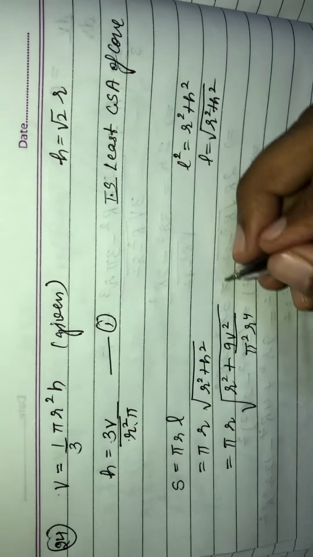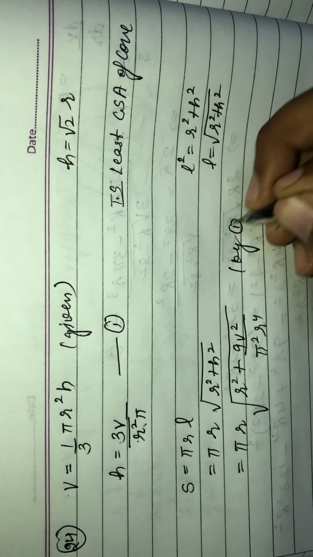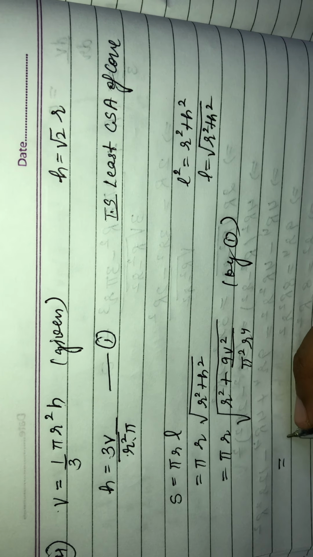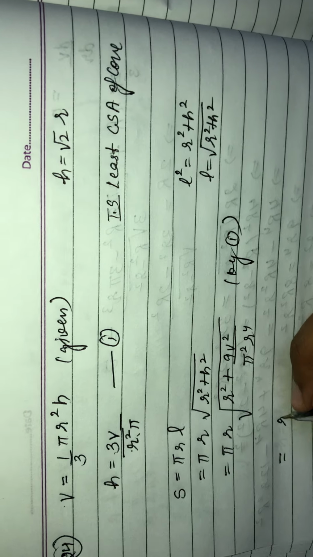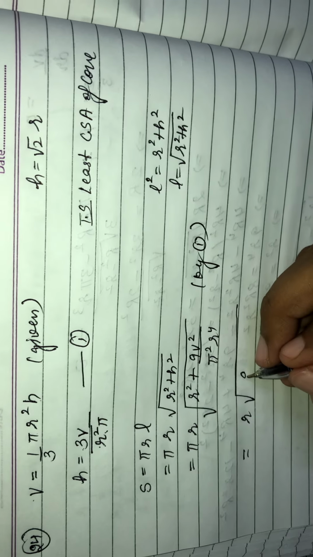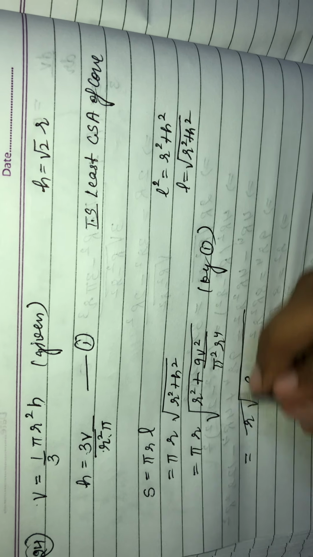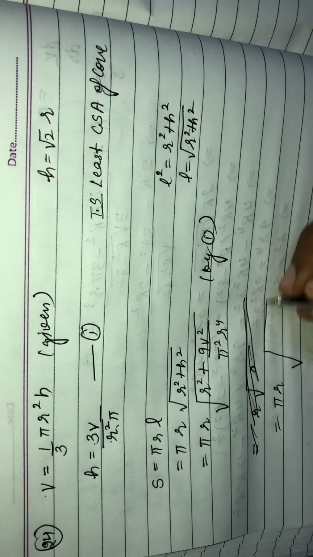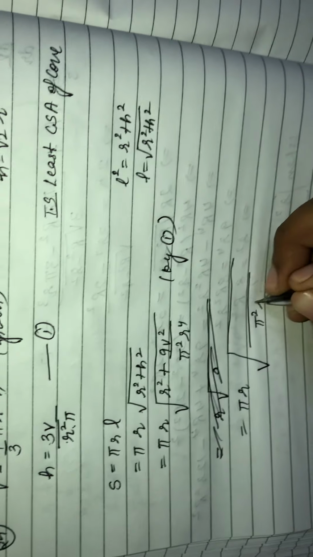So this is by the given condition. So what am I getting? While taking the LCM, firstly π² r⁴ is the LCM.